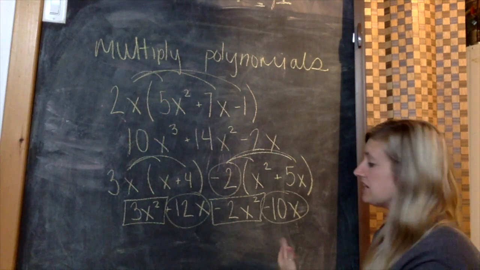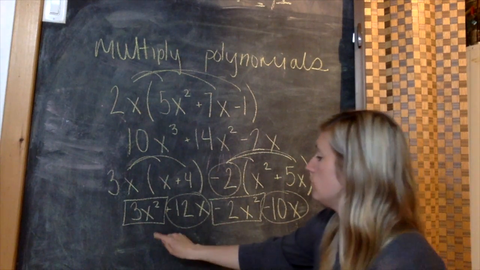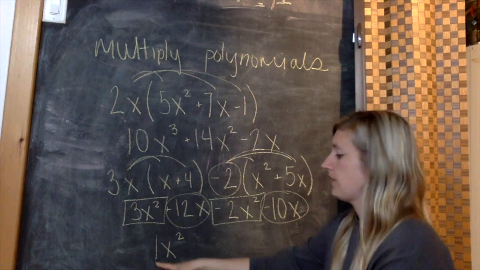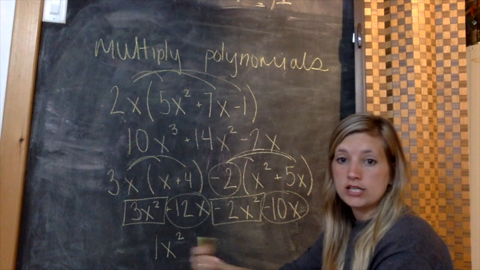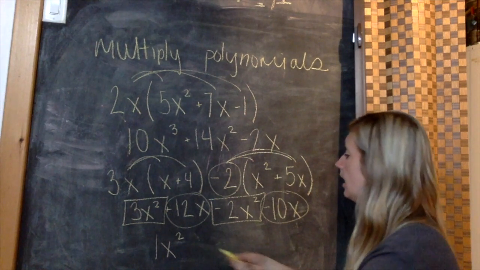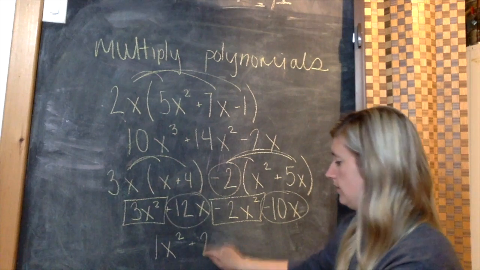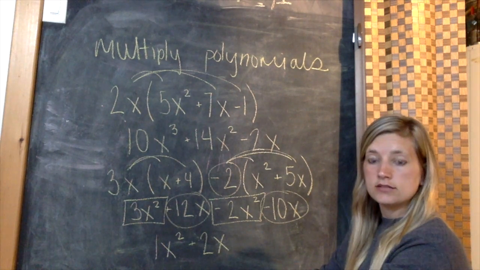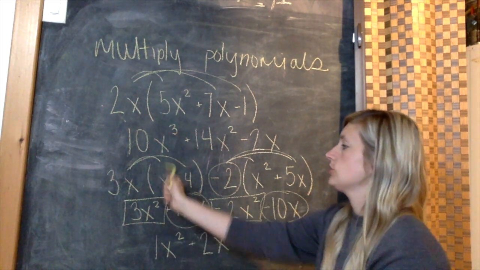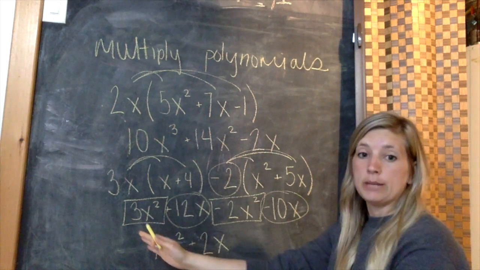I don't care how you read it, as long as you shove them together to give you 1x squared. If you don't want the 1, you can ditch it. It's totally up to you. And then I have a 12x and a negative 10x, which is a 2x. Okay, so distribute, and then combine them.